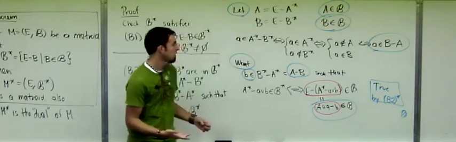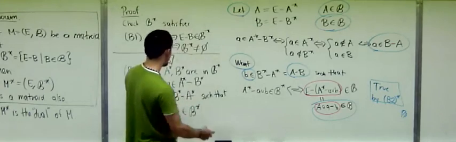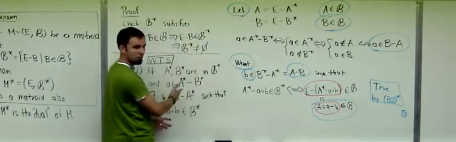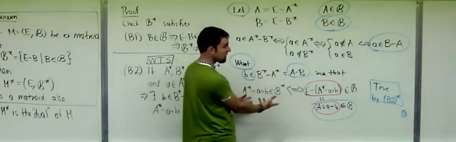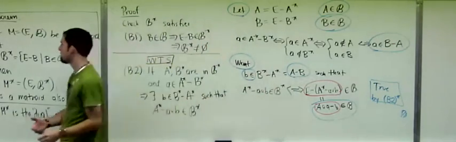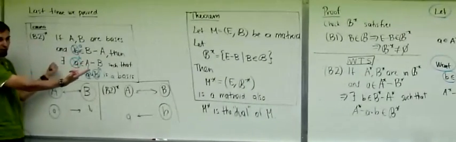Well, I said, let me try to prove the theorem. And when I go to prove the theorem, well, the theorem says something about B star. I translate it into something about B, and I see what I need to prove about B is exactly this thing. Okay, so this is not just something that I pulled out of nowhere. This is exactly the statement that I needed to prove in order to prove duality.